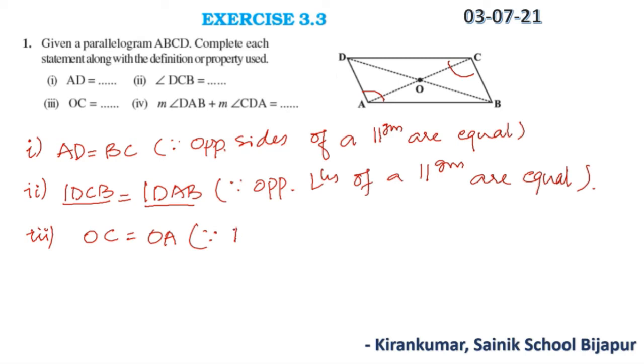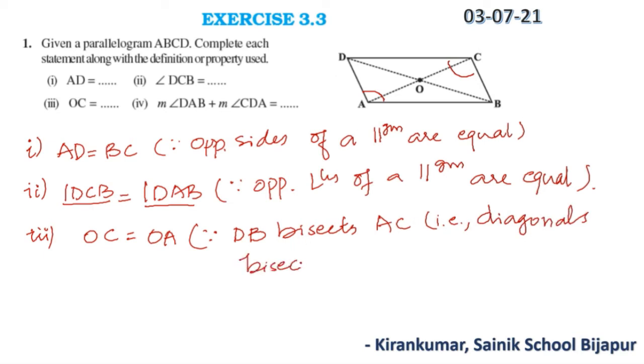I can also say that DB bisects AC. I can mention that diagonals bisect each other. Hope I have made it clear.